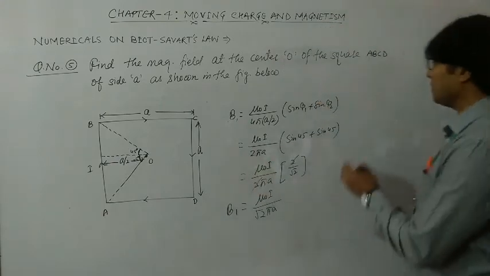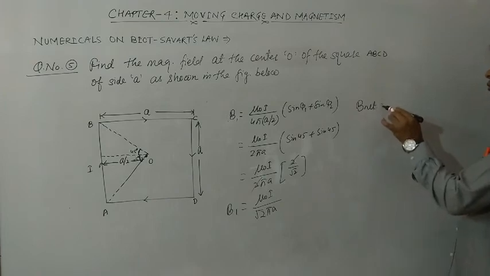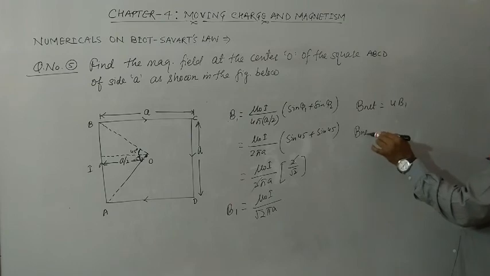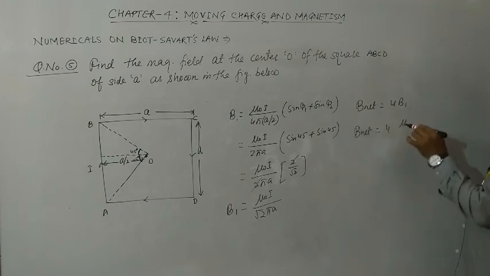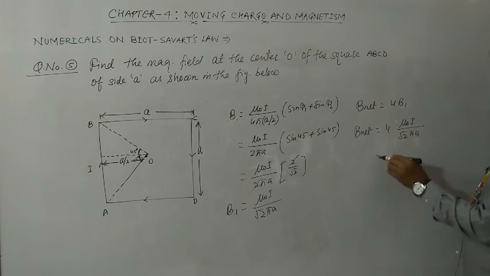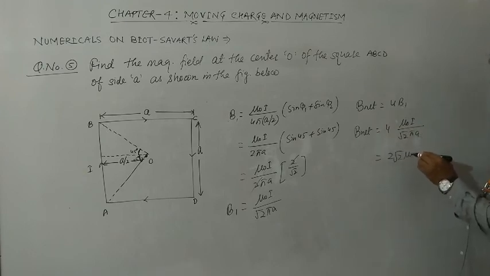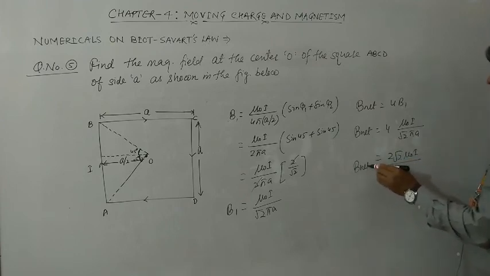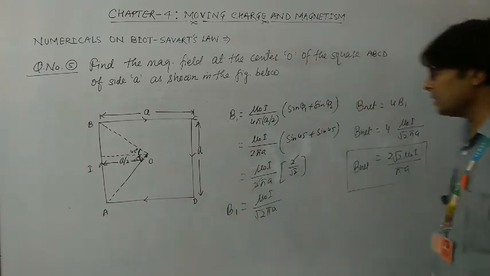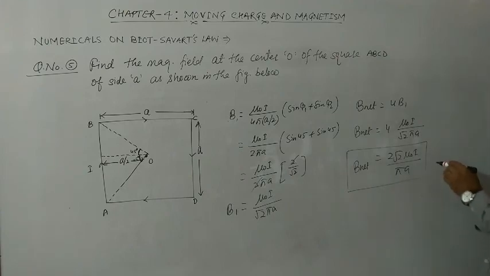So the net magnetic field at point O will be 4 times B1, that is 4 times mu 0 I upon root 2 pi A. So it can be written as 2 root 2 mu 0 I upon pi A. So this will be the net magnetic field, and so far as direction is concerned, it will be perpendicularly inward, and to represent the perpendicularly inward direction we use a circled cross. So this will be the answer of this question.